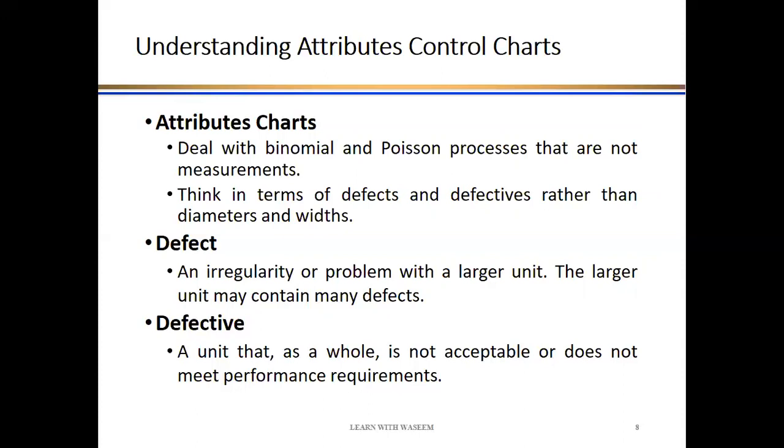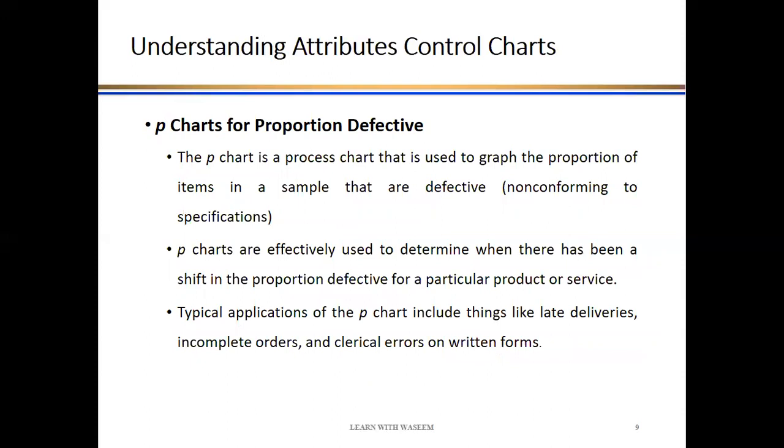Defects are monitored using C and U charts. So please note that defectives are monitored using P and NP charts, whereas defects are monitored using C and U charts. So let's discuss the P chart and NP chart first, and then we will move toward the C and U charts with examples.